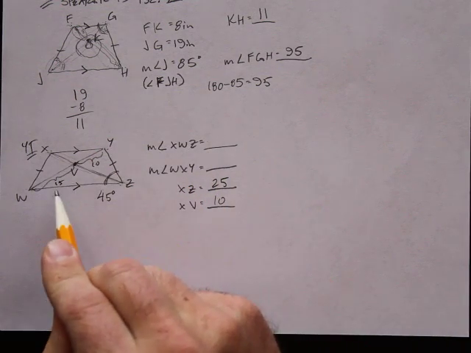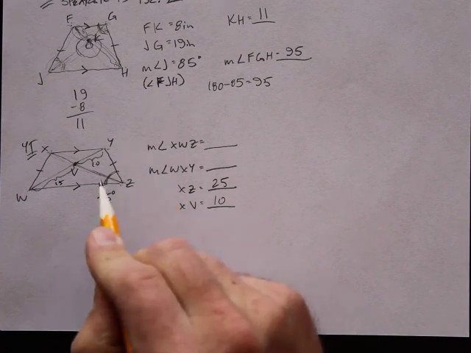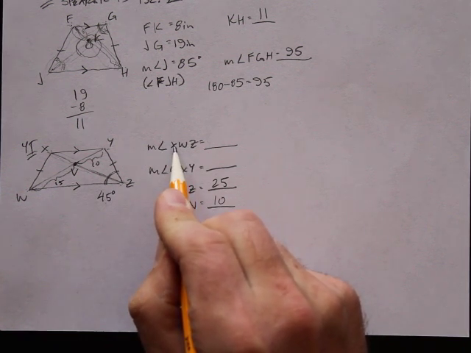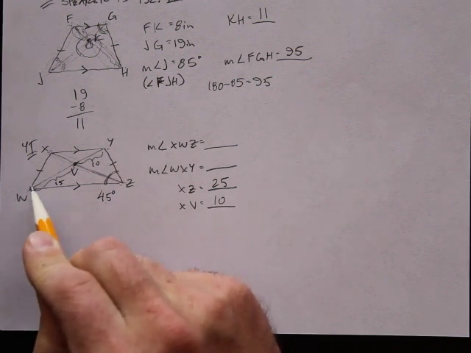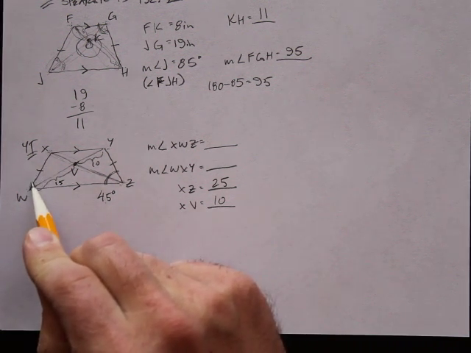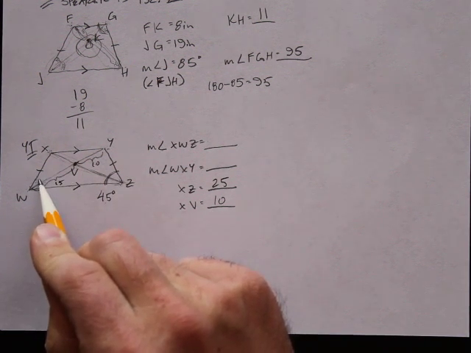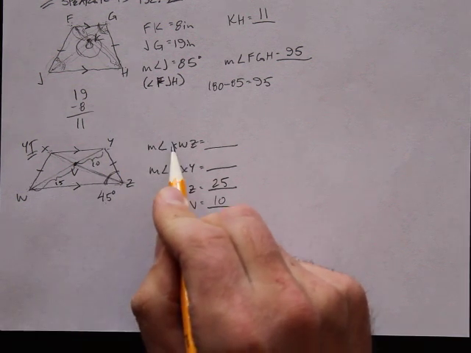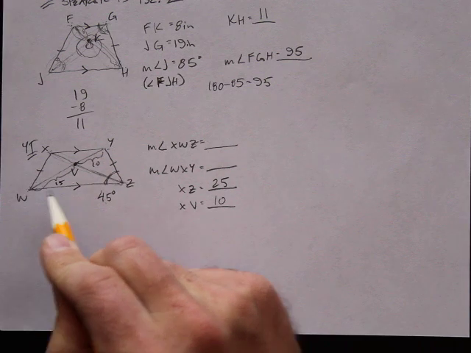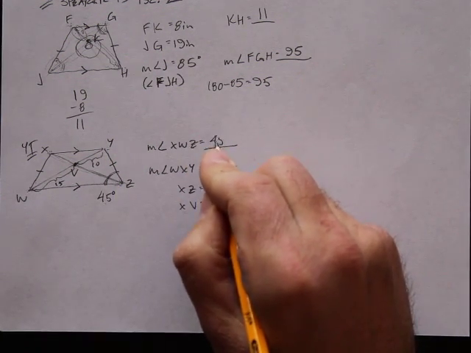All right, now WZY is 45 degrees. What am I looking for here? XWZ. All right, so that's just on the other side of this. And if this is an isosceles trapezoid, then I know that these two angles are congruent. So XWZ is the same as YZW, 45 degrees.